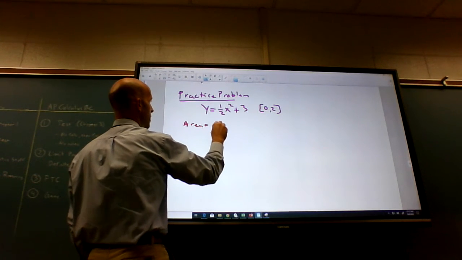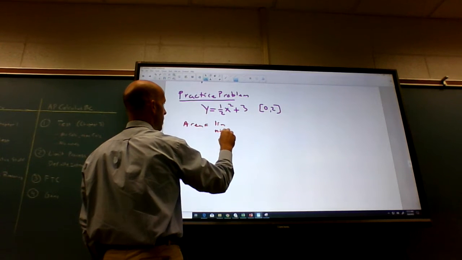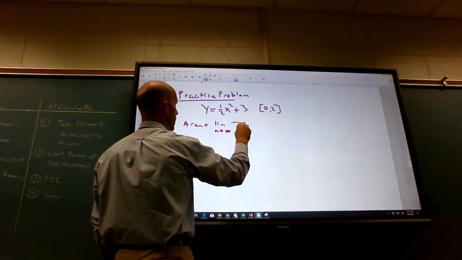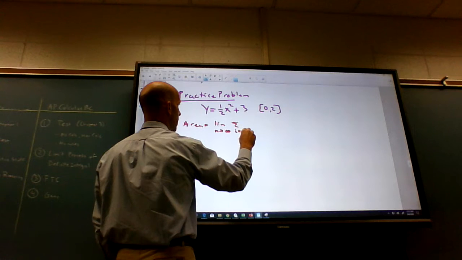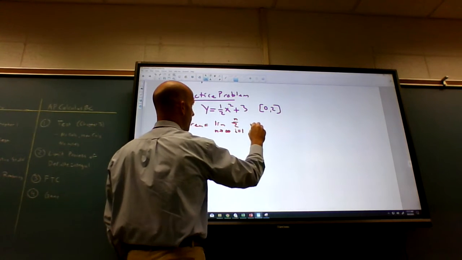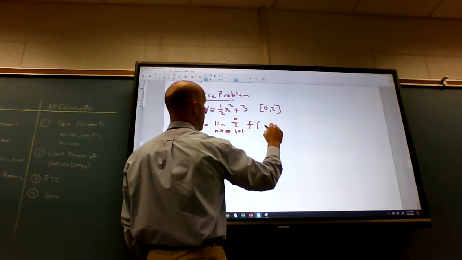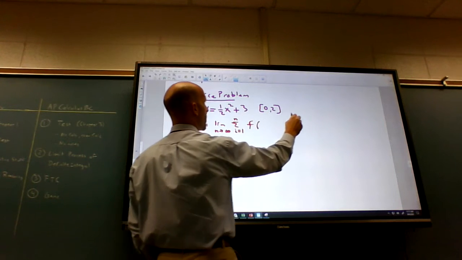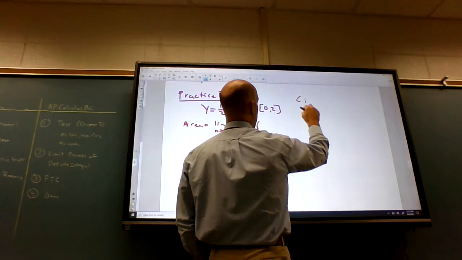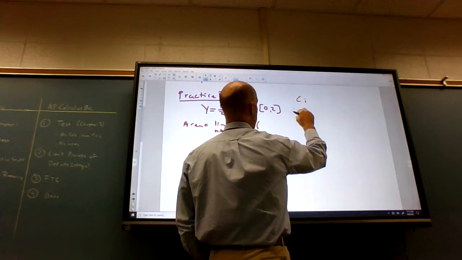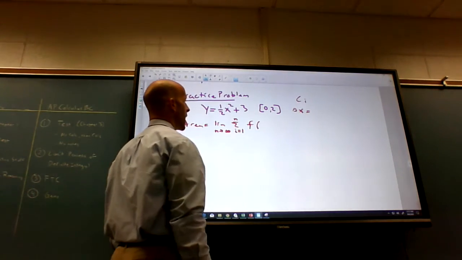So the first thing we want to do is say basically that this area is going to be equal to the limit as n goes to infinity, the sum from i starting at 1 going to n, of f of, and now we've got to figure out what is going to be our c sub i and our delta x. In fact, I'll start with the delta x.